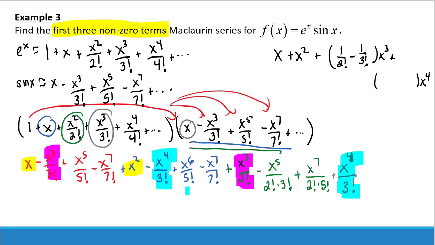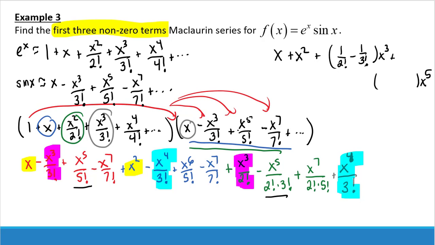Okay, so now I need to go to my x to the fifth terms. So my x to the fifth term, and I made up this problem, so I don't know where my correct answer is. Well, I'm sure I could find it somewhere. I have one here, I have one here, but if I take this x to the fourth and multiply it by that x, I would have an x to the fifth over 4 factorial.